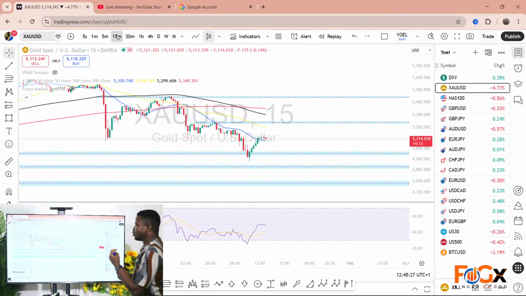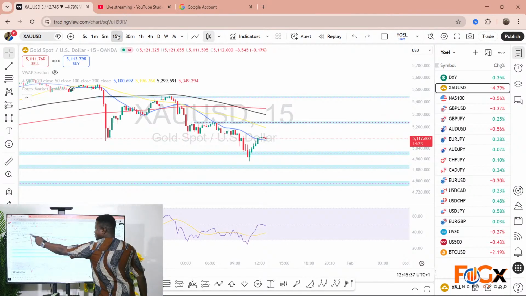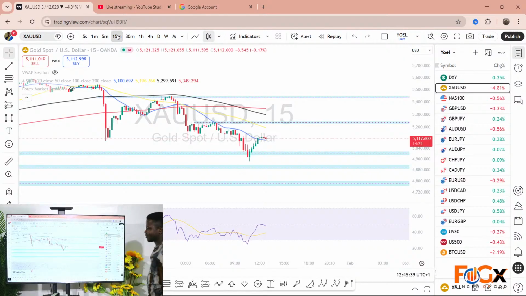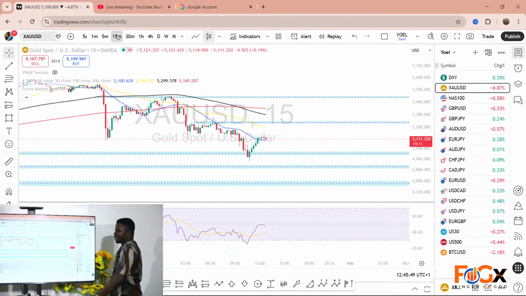Look at 15 minutes too. 15 minutes is saying sell. Look at the downtrend. So those who are looking at the market from 15 minutes, this might be where they will be selling from.